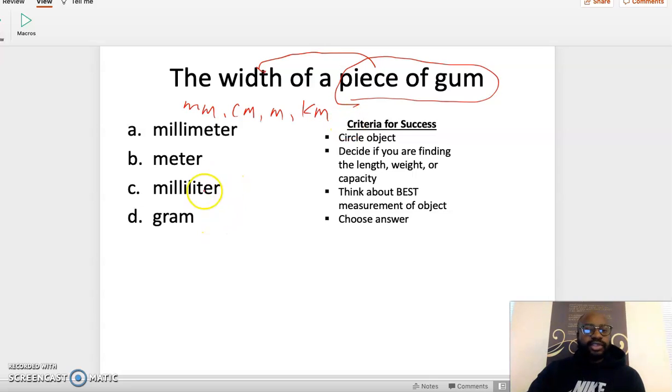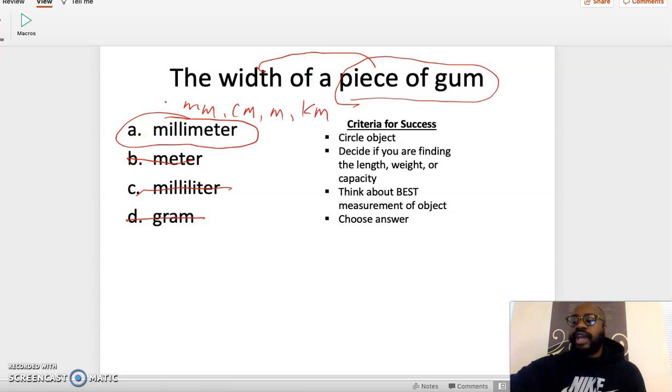Looking at my answer choices, I can get rid of milliliter because that's capacity. I can get rid of gram because that is the weight. Think about a piece of gum. A piece of gum is not that long. And if I think about a millimeter, that's the sharpened point of a pencil. Or if I think about meter, that's a baseball bat. That's way too big to try to measure a piece of gum. So I'm going to get rid of that. And my answer is millimeter.